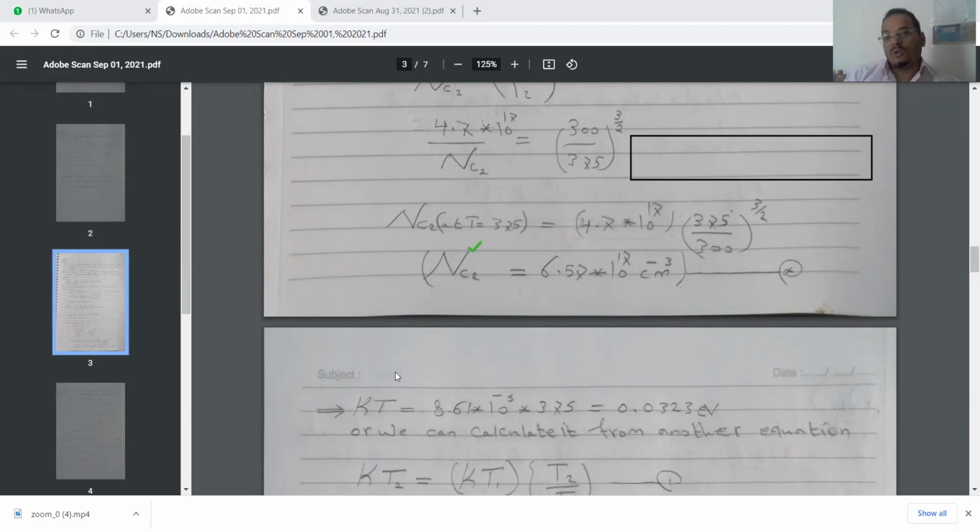The Boltzmann constant equals 8.61 times 10 to the minus 5, or in another source maybe you will see 0.861 times 10 to the minus 6. That's the same. The unit is electron volt divided by Kelvin. Because of that, the last result will be just eV, because the Kelvin here will cancel with the Kelvin here. Okay, let me complete.